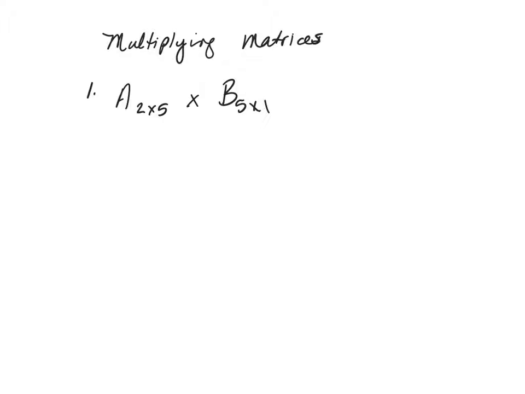And they're asking, can this be multiplied? And if so, what's the dimension of the answer when you multiply it? All you do is look at the two dimensions and put them side by side, first guy first, second guy second, and you circle those two middle guys.